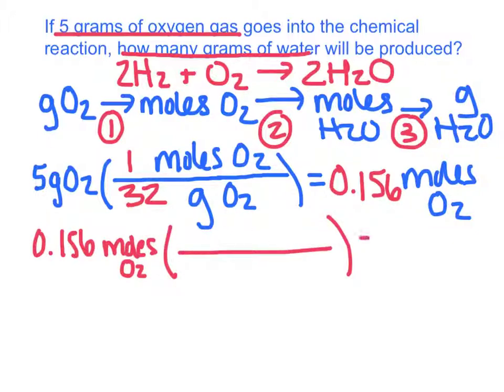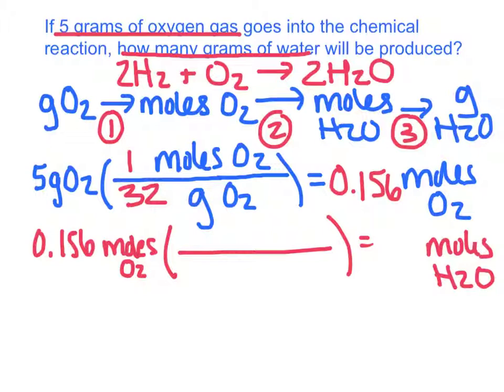And I'm going to ask myself, what do I want to get to next? Step 2 says go from moles of O2 to moles of H2O. That must be what I want to get to next, so I put it over here to remind myself. Moles of H2O. Alright, this second step is a mole ratio step.